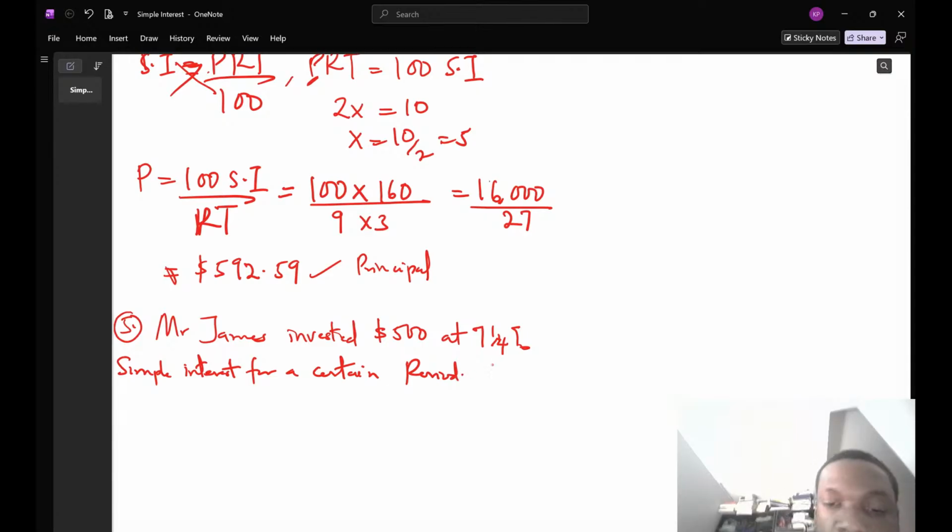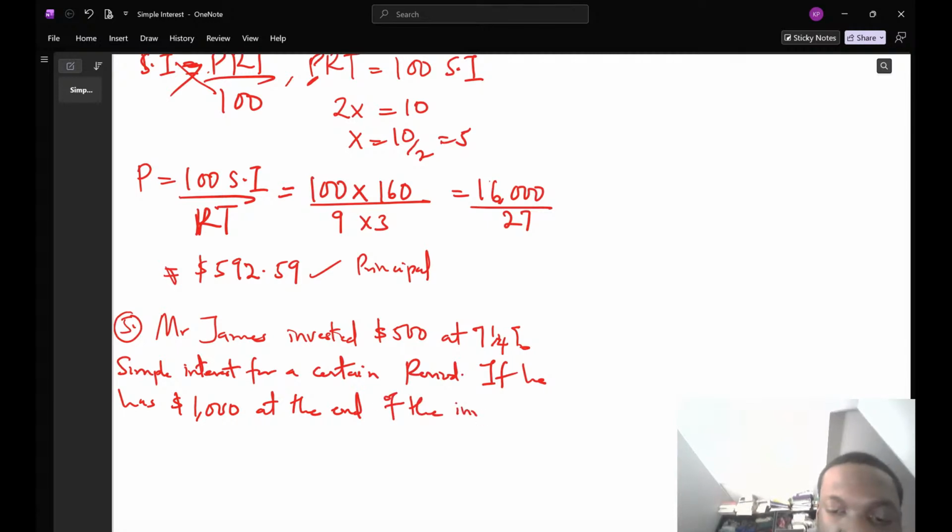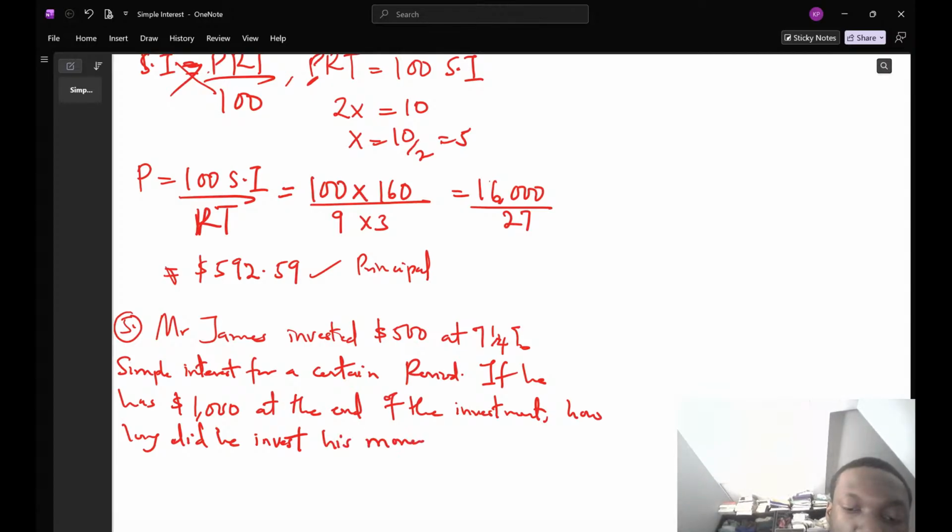It says if he has $1,000 at the end of the investment, how long did he invest his money for?